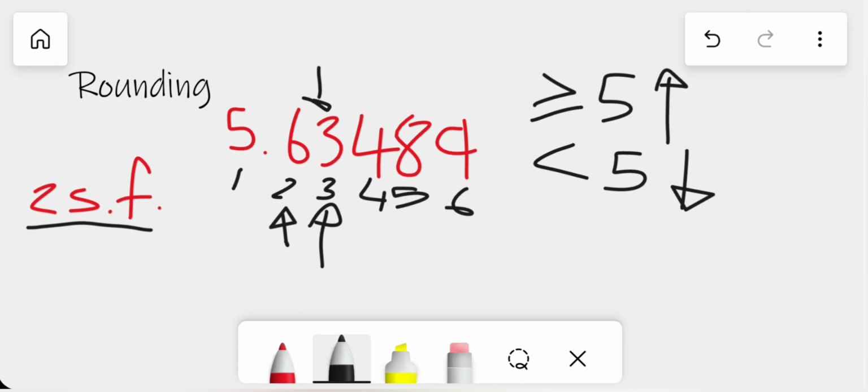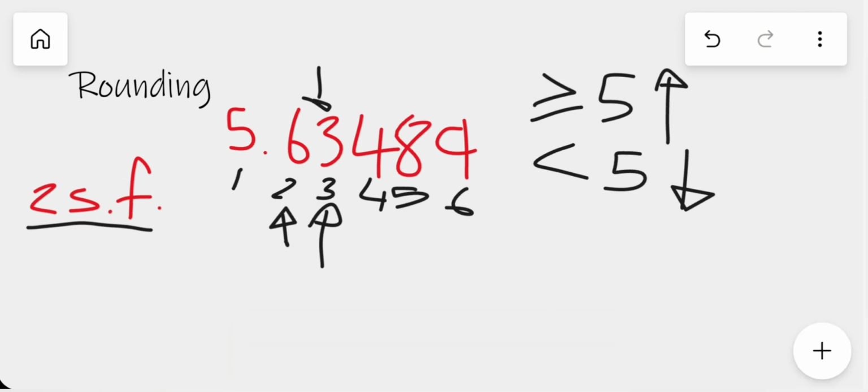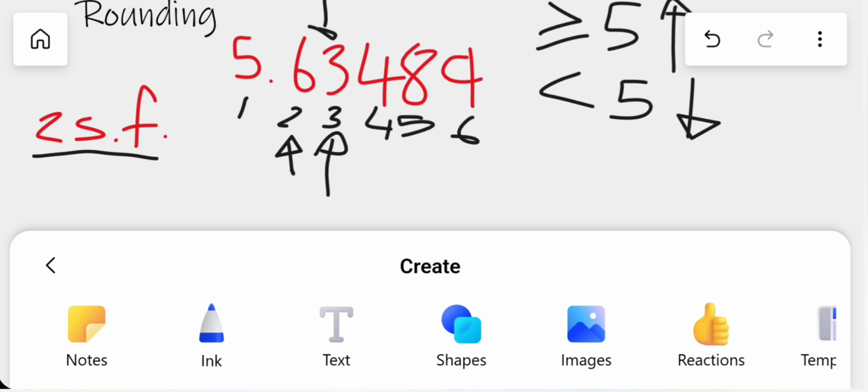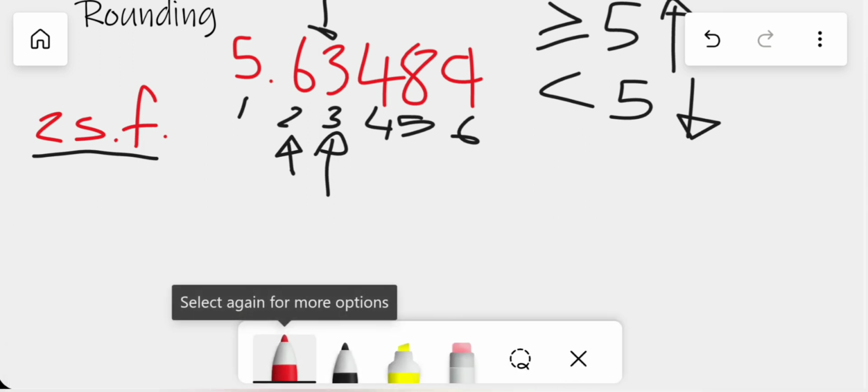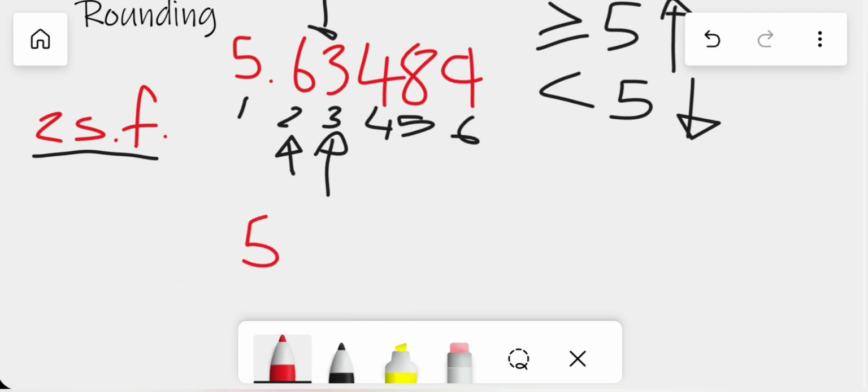Now, we're going to be rounding this number. As we can see, the number we're interested in is the 6, which is the second significant figure. So the answer would be 5 point, the 3 now, which is less than 5, meaning that we're going to round down. And in this case, rounding down means to cut off. So the answer would be 5.6 to 2 significant figures.